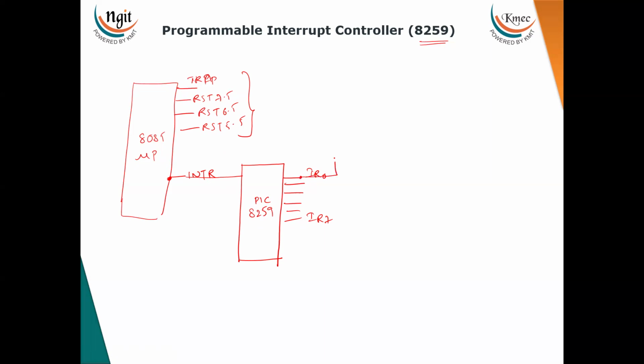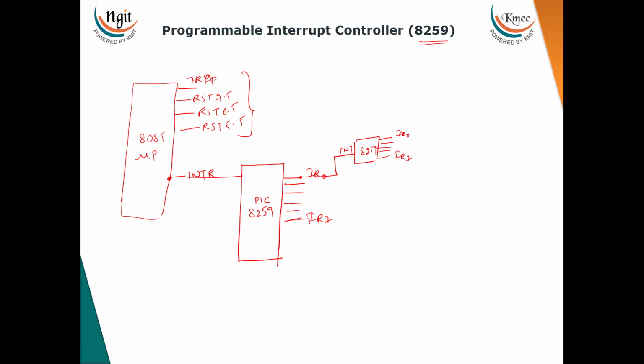Now again, connecting such ICs in cascade means what? Here I am connecting one more 8259 IC to the INT pin. The interrupt request is connected to the INT of the 8259, and again it has a total of IR0 to IR7, 8 interrupts.